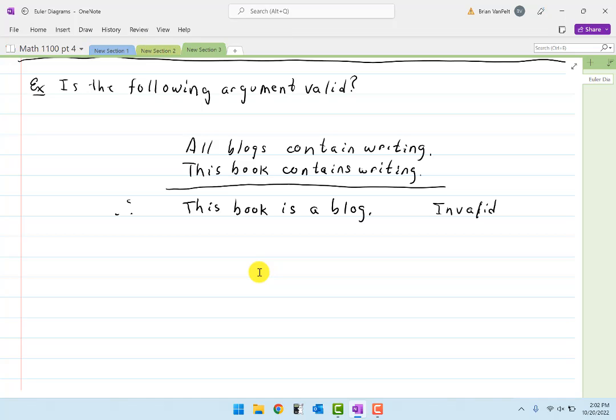How can we make it valid? There's more than one way to do this. You can usually switch around something. I think in this case, let me keep the first line, all blogs contain writing.